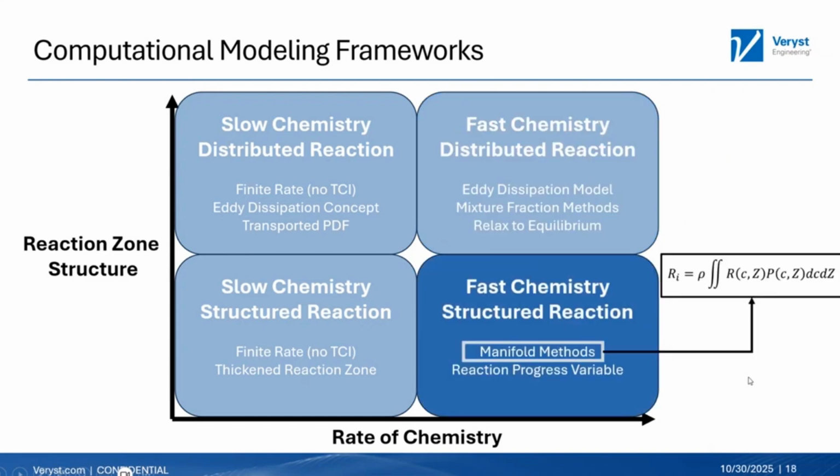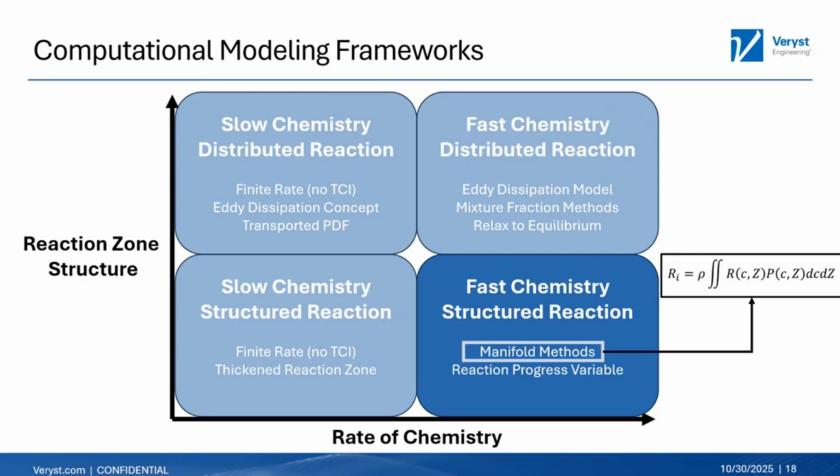Now, if we have fast chemistry but a structured reaction, again think of the flame example, the premixed flame or the flame propagation, here we can parameterize the reaction progress by what we call a reaction progress variable. It varies from 0 to 1, 0 being an incomplete reaction and 1 being a complete reaction. And we completely parameterize not just the reaction source term, but also all of the intermediate species based on that reduced order manifold.